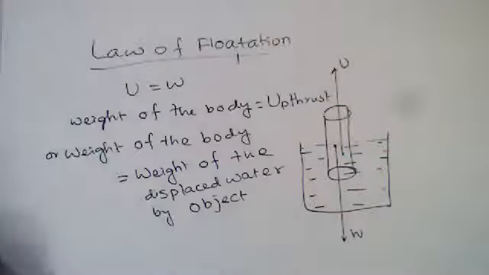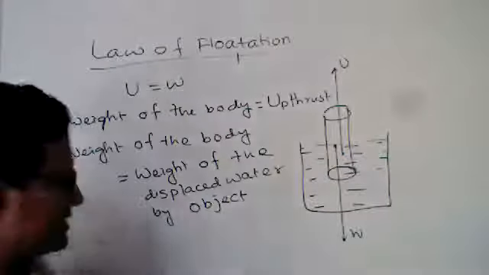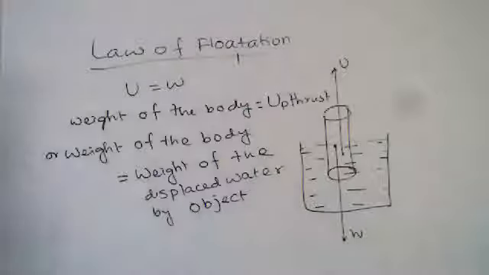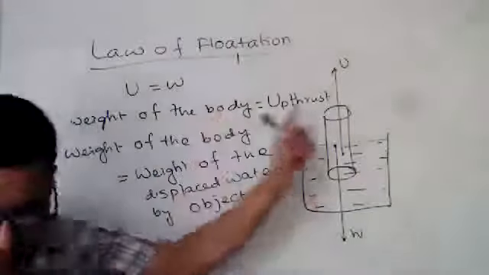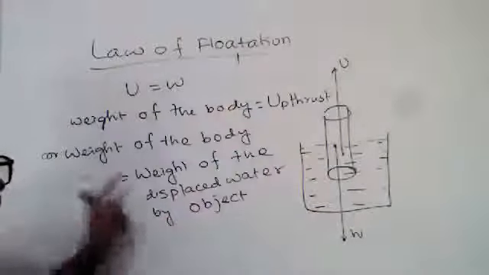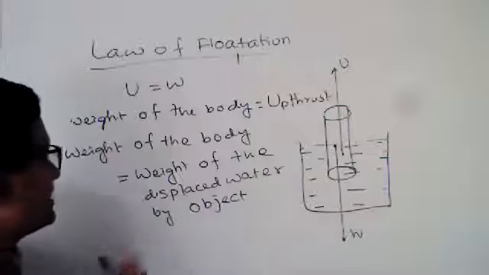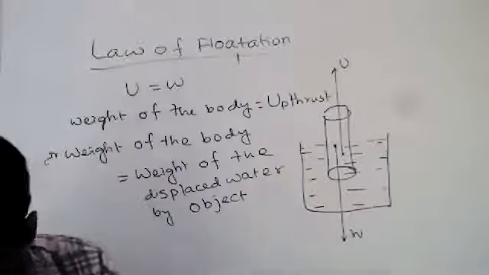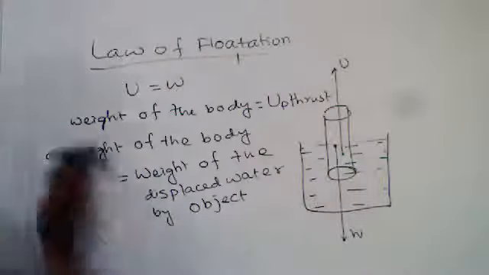So this applies when the body is floating and when the body is immersed. You have to remember this: weight of the body equals upthrust, and weight of the body equals weight of the displaced water by the object.